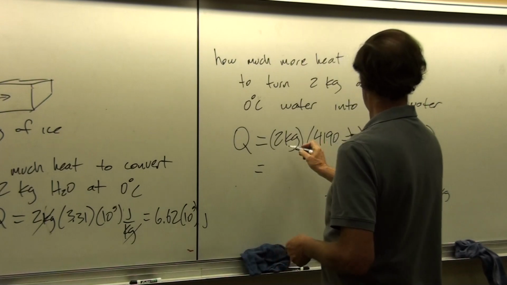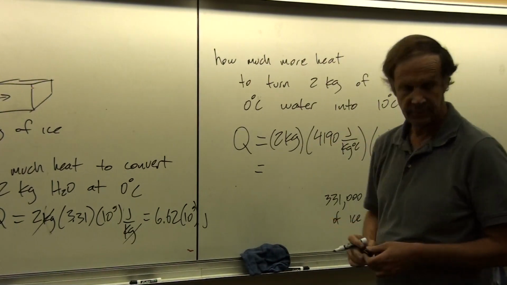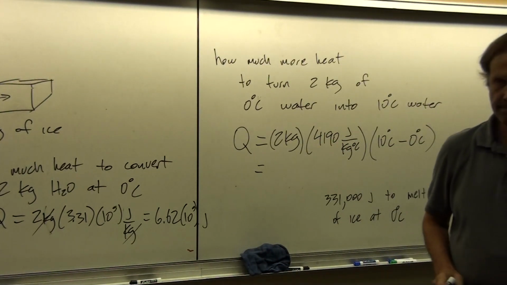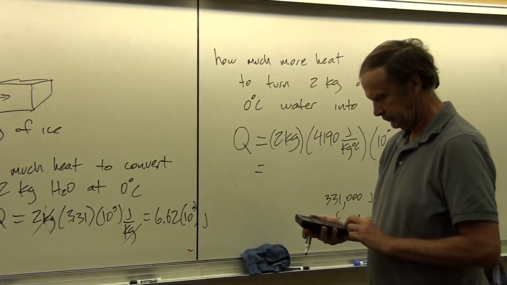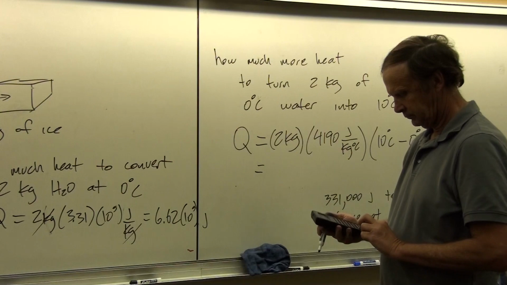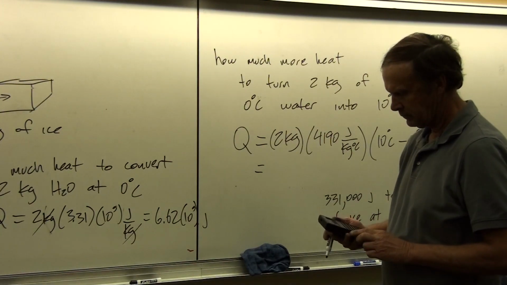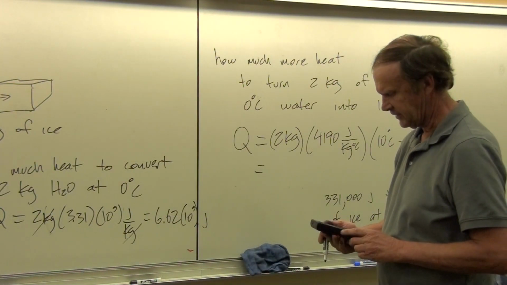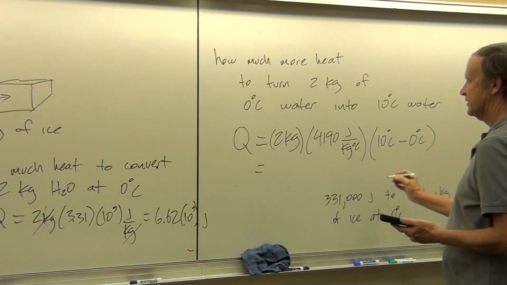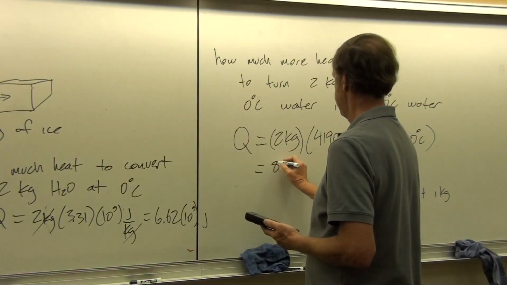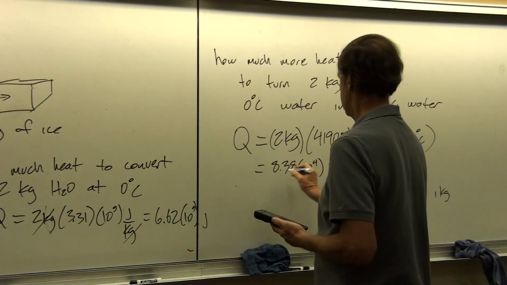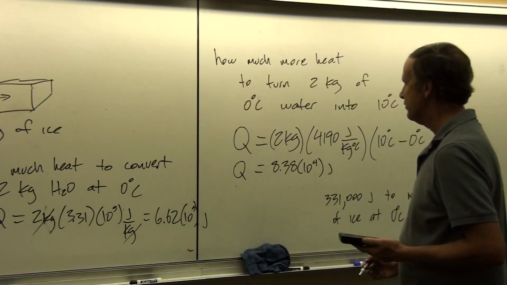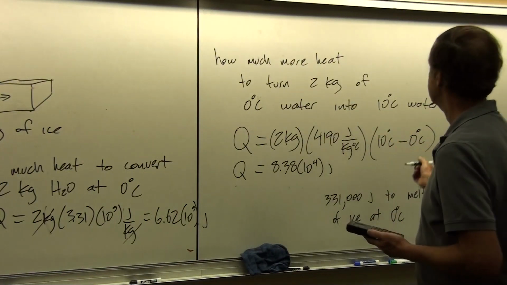So that's going to be 20 times 4,190, which gives us 8.38 times 10 to the 4 joules. That's the heat required to take it from 0 to 10.